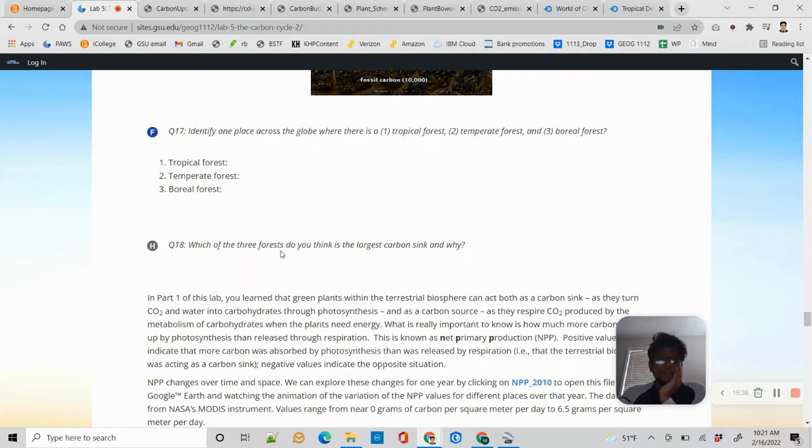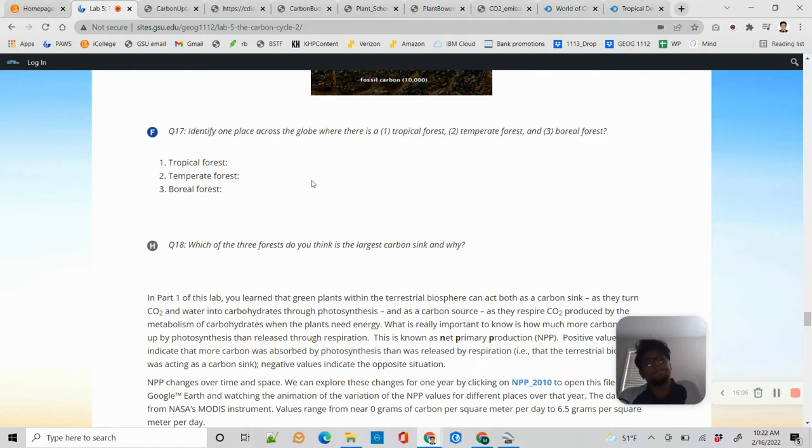And which of the three forests do you think is the largest carbon sink, and why? Which forest absorbs more carbon? Sink means the absorption of carbon, right? So which forest should be the largest carbon sink? If you look at these three types of forest, you can see the tropical forest is the evergreen one. The highest amount of green, or highest amount of trees, are in the tropical forest.